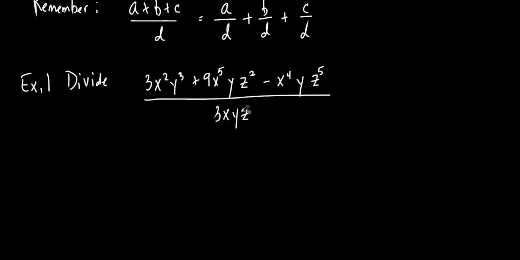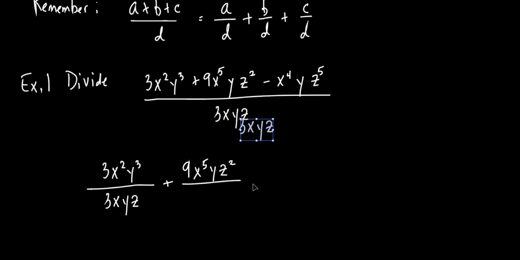All right, so we're going to rewrite it. So you got this over this. Correct? I just write it. Probably faster that way anyway. 9x to the 5th y z squared over, well, since I already got it copied, might as well use it.